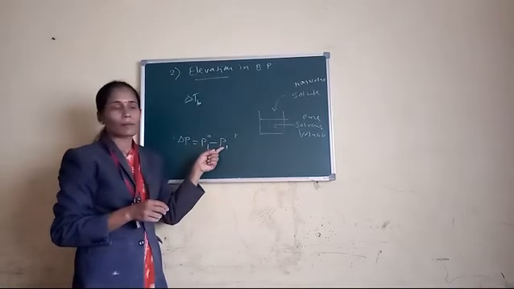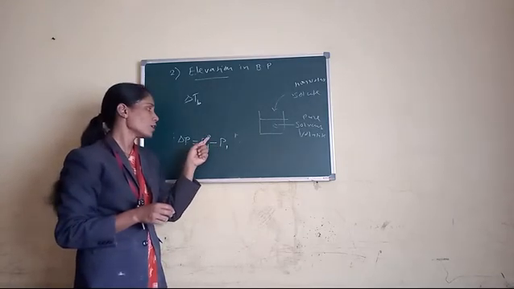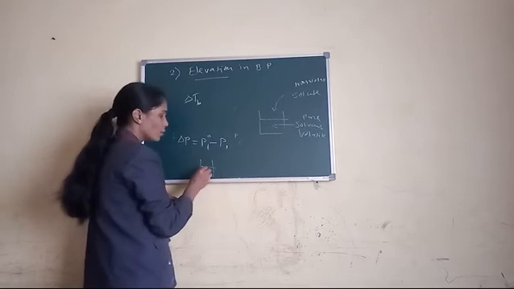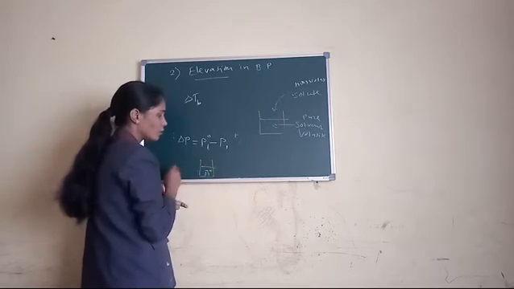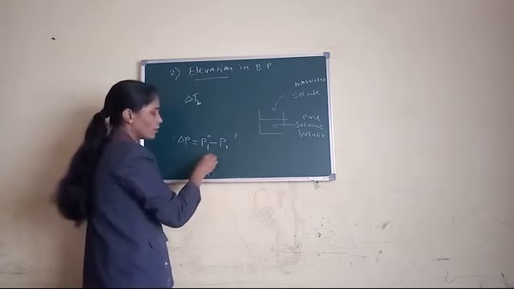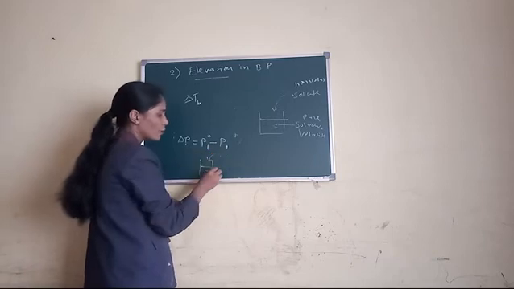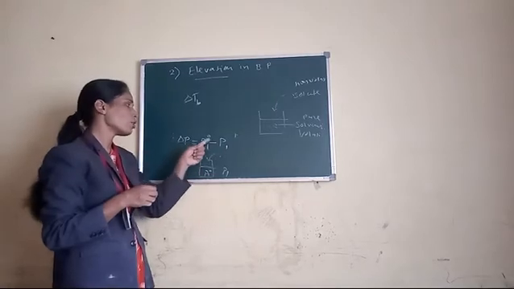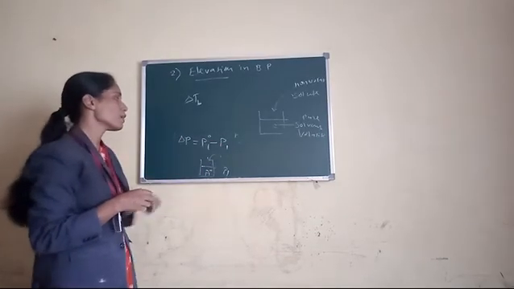P1 is the vapor pressure of the solution, P1 naught is the vapor pressure of pure solvent, and after addition of solute we get the solution, whose vapor pressure P1 is less, that is P1 naught minus P1.